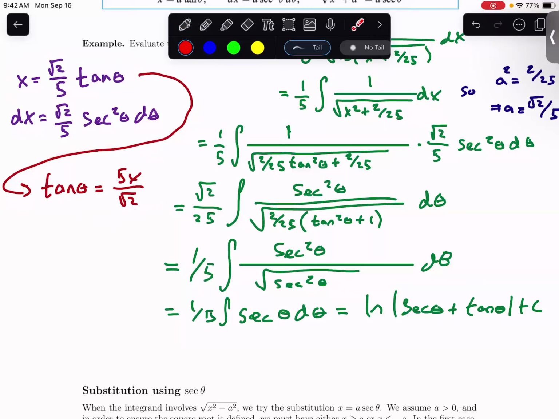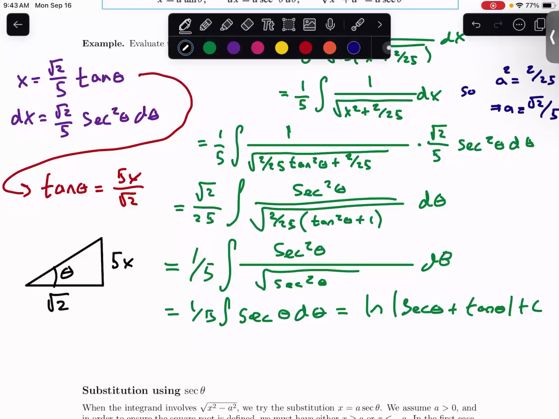And so this tells us what tangent theta is going to be equal to. We need to determine what secant theta is going to be equal to. So we draw this triangle again. Tangent theta is opposite over adjacent. So the opposite side length is going to be 5x. The adjacent side length is going to be the square root of 2.